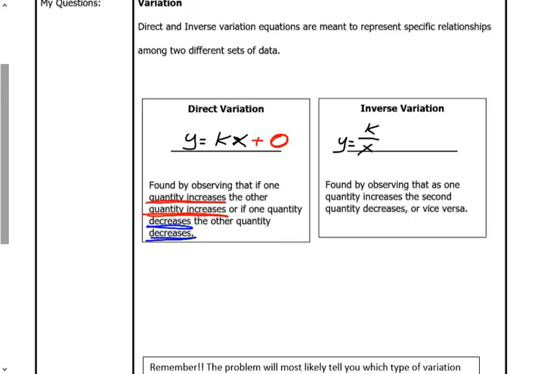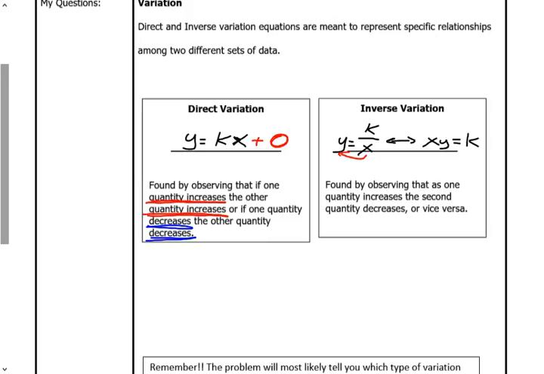But what a lot of people will do, and you'll see this on a lot of tests, is take that x and move it to the other side, multiplying both sides by x. That makes an equation that's a little easier to work with sometimes. Notice now, this still does not go through the origin, but it's no longer going to be a straight line. So we can easily see inverse variation because it'll have some sort of curve going on there.